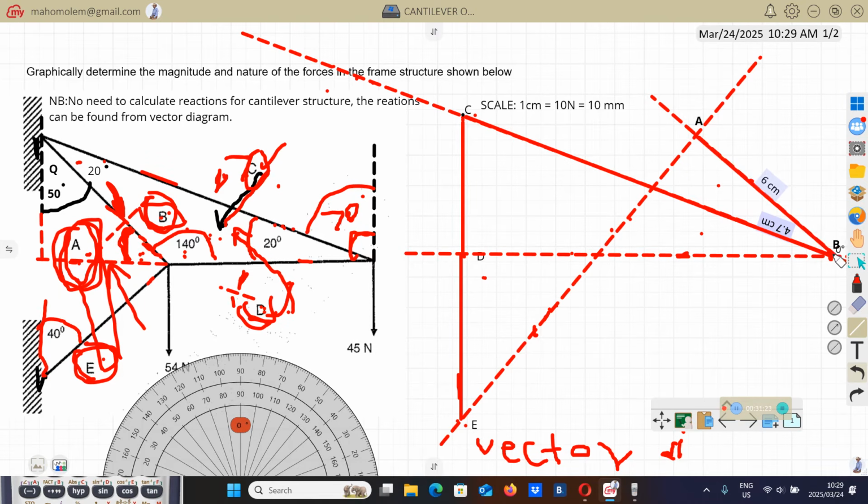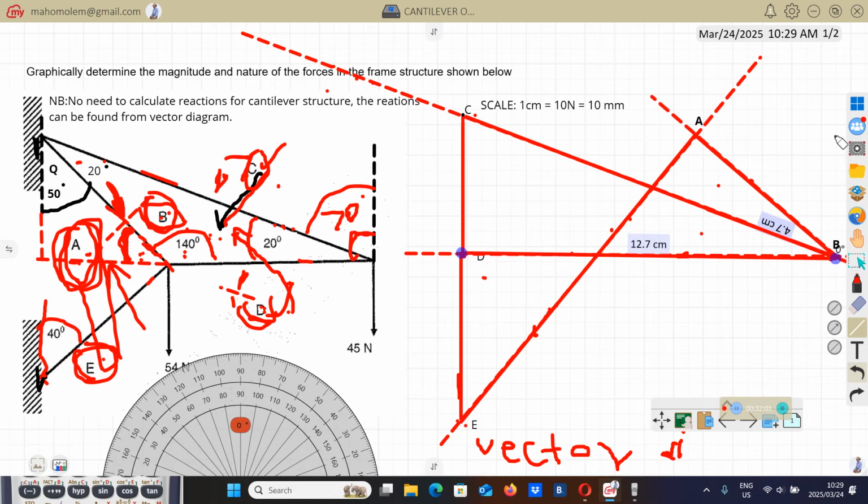So you'll have this. Then this member from here to there is member EA. You join E and A like this. Then this member here, from here to there, is BD. You join B and D. So you get this one. Then that's all.